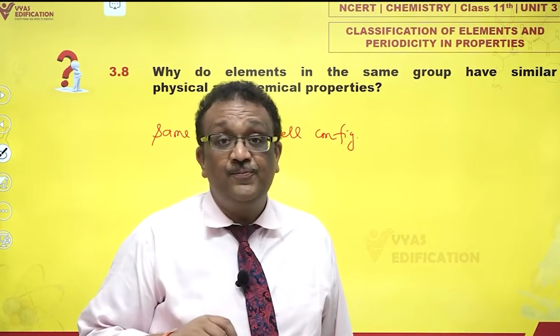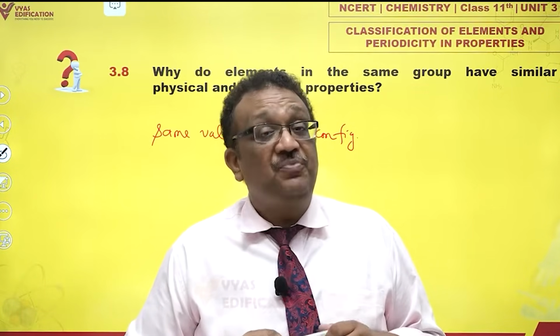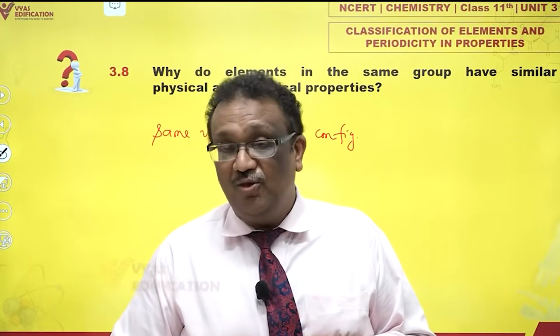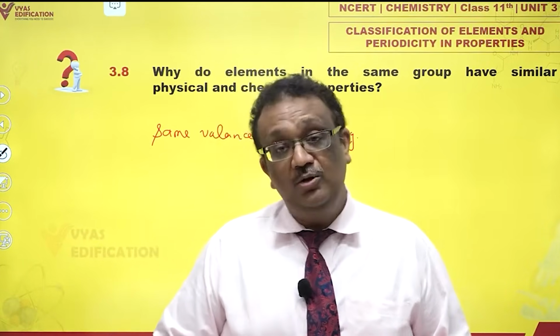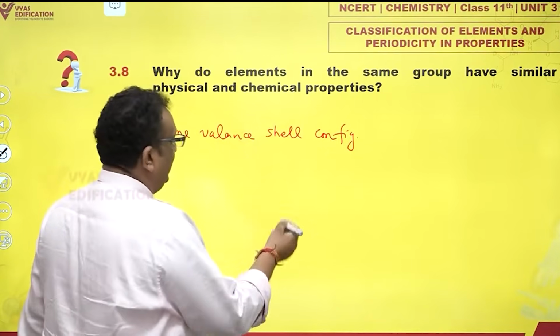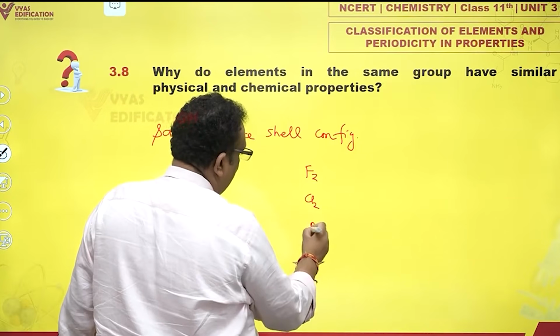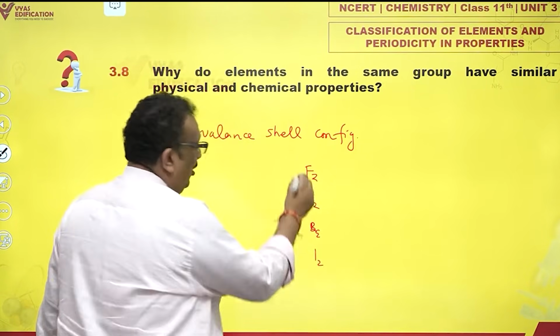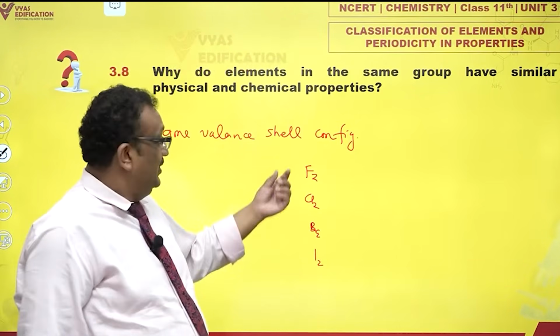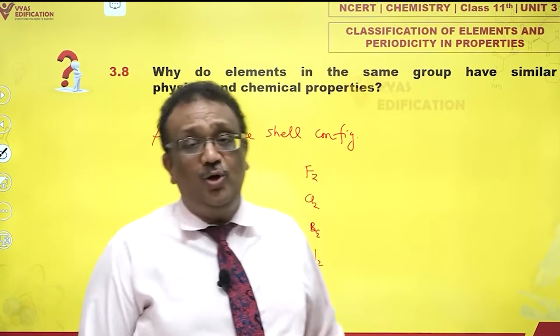Not just this, since within a group chemical properties are similar, very often the nature of bonding and atomicity are also similar. For example, in halogens, F2, Cl2, Br2, I2, all of them are diatomic molecules. In noble gases, all of them are monoatomic.